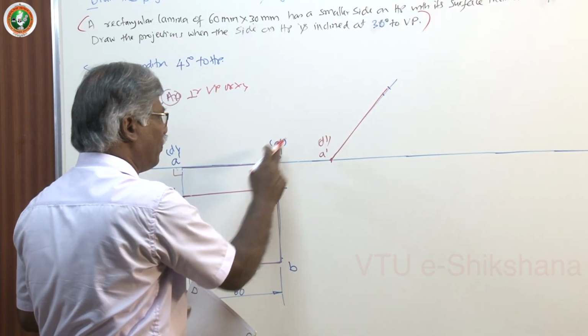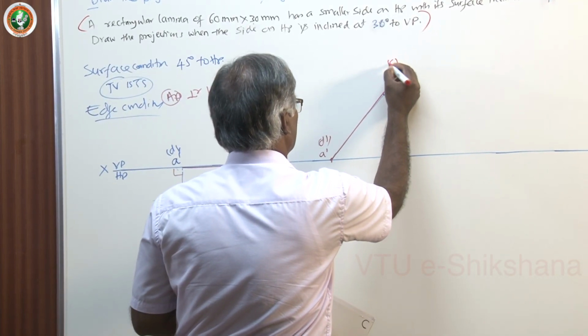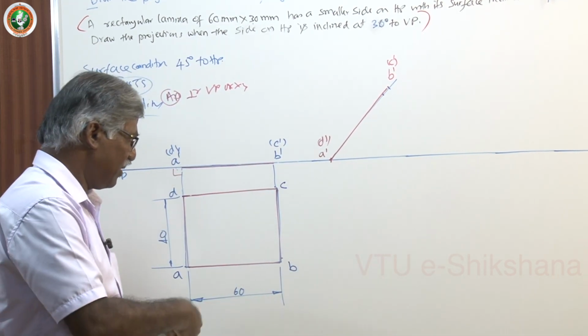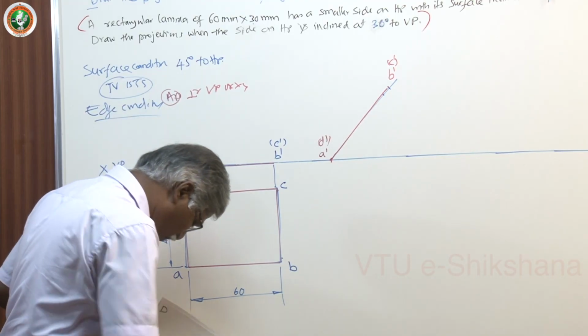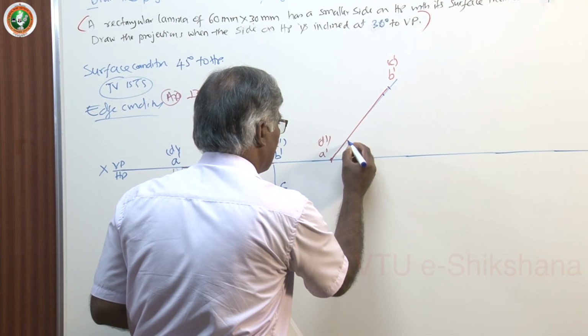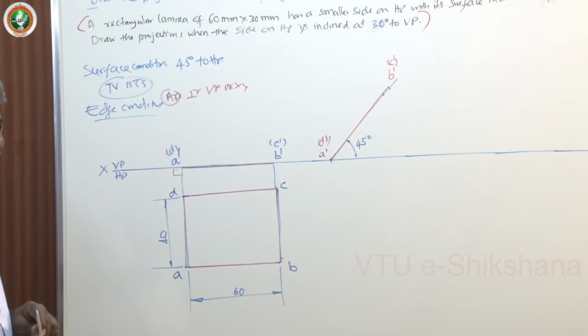The name of this end point is B dash C dash. Dimension the value, and carefully dimension the 45 degrees.